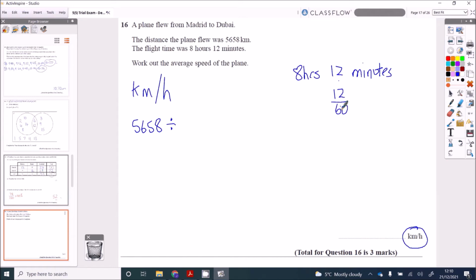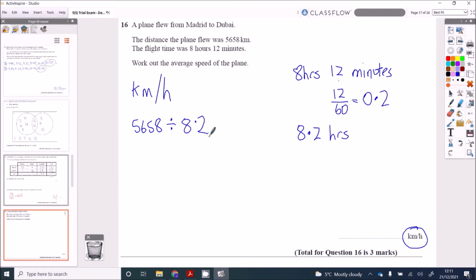So on your calculator, do 12 divided by 60, and you will get a fifth, which is 0.2. So 8 hours, 12 minutes is 8 hours and another 0.2 of an hour. It is 8.2 hours. So that is the key bit. Do not divide by 8.12. You must be dividing by 8.2.